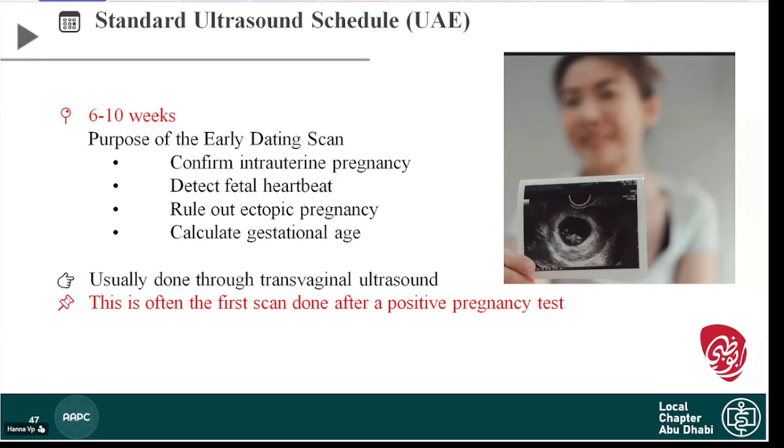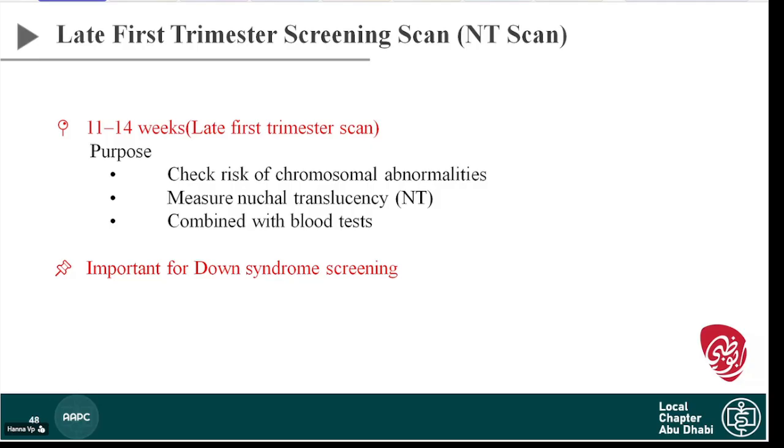Then, the second one is the late first trimester screening scan. We can also call it the NT scan. NT means nuchal translucency. Usually we do this between 11 and 14 weeks. We can also call it the late first trimester scan.